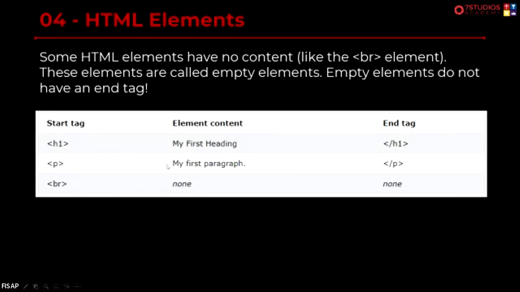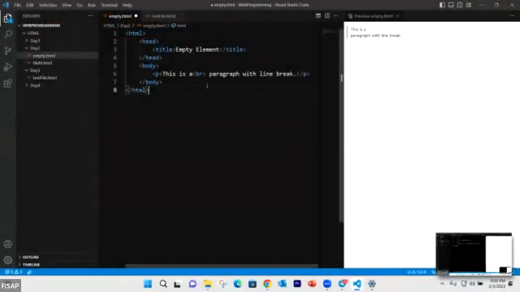All right, so these are some elements. We are told that we have an empty element like the BR element, which is line break or break line or line break, whatever you want to call it. So it breaks the line. And that's what we've done here inside this code here. We've added this BR element that represents line break. So Visual Studio Code is already telling you that the BR element represents a line break.